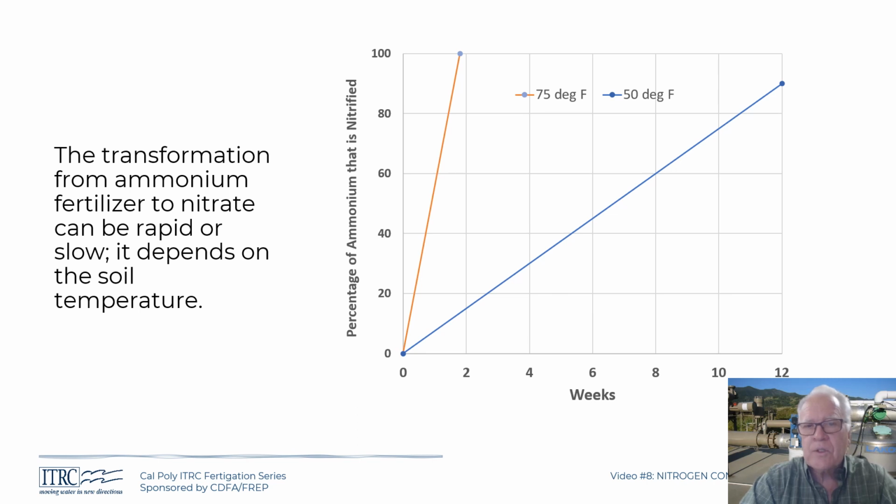Whereas if it's cooler, 50 degrees Fahrenheit, it may take 12 or 13 or 14 weeks to do 100%. So these are ballpark numbers. And as you know, the soil temperature is not consistent all the way with depth, but they give you an idea that the transformation is relatively slow in cool climates and relatively quick in warm climates.